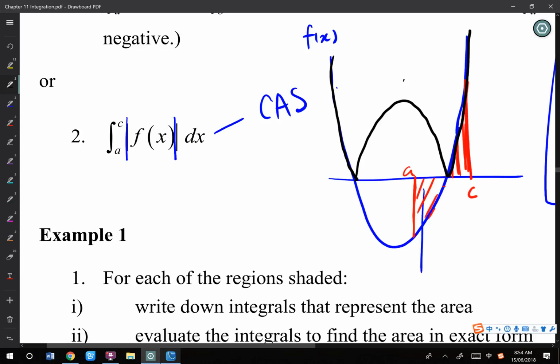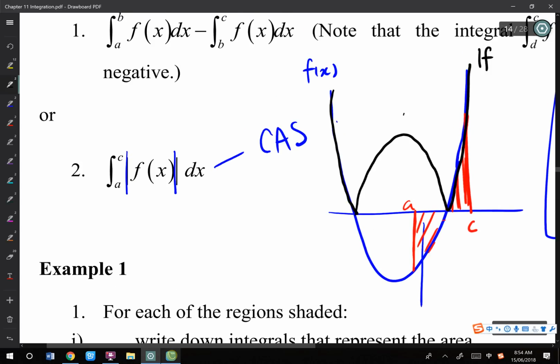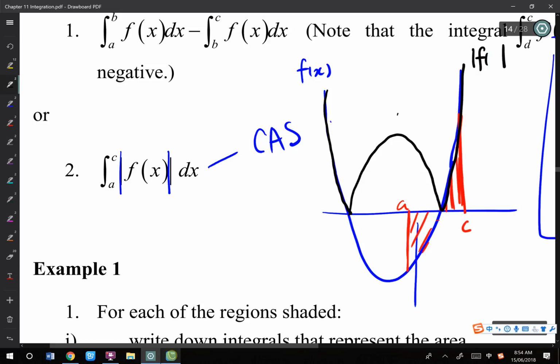And then if I talk about this black function |f(x)|, I talk about the area in between A to C. What it looks like is, use the pink one. Point A is still here, C is still here. So now it's this area.